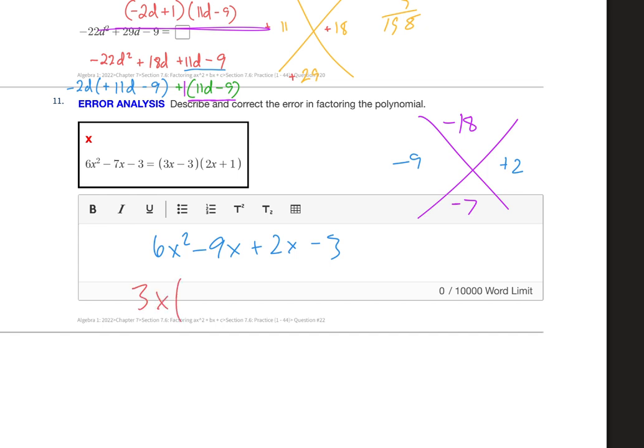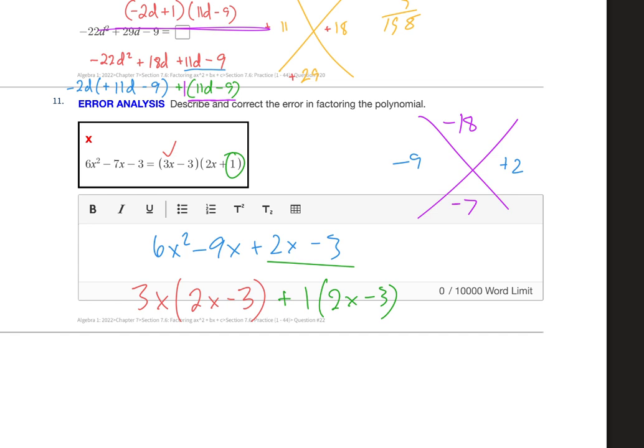Factor out a 3x, so that should be good. This gives us 2x minus 3, right? And there's probably our problem right there, is that should be a 3. But let's keep going. Well, yeah, because that is plus 1 times 2x minus 3. I see what happened.